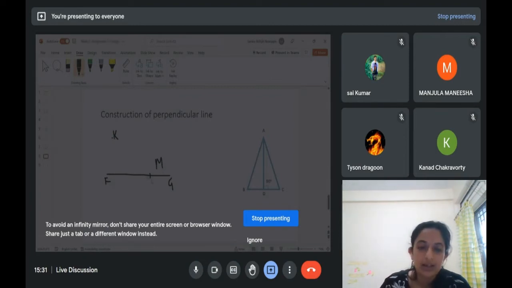So again, now you don't have an isosceles triangle here, but you know that if this is a line BC and if I want to draw a perpendicular line to this, I need to construct an isosceles triangle.